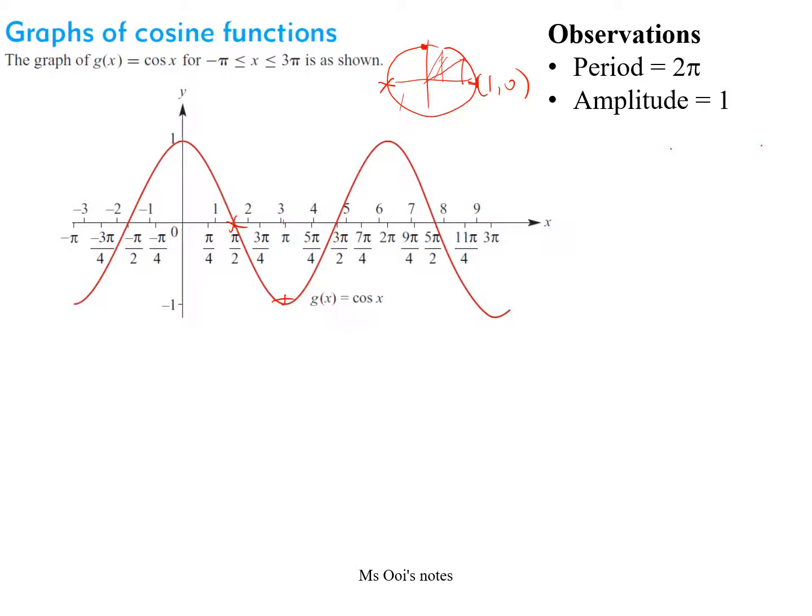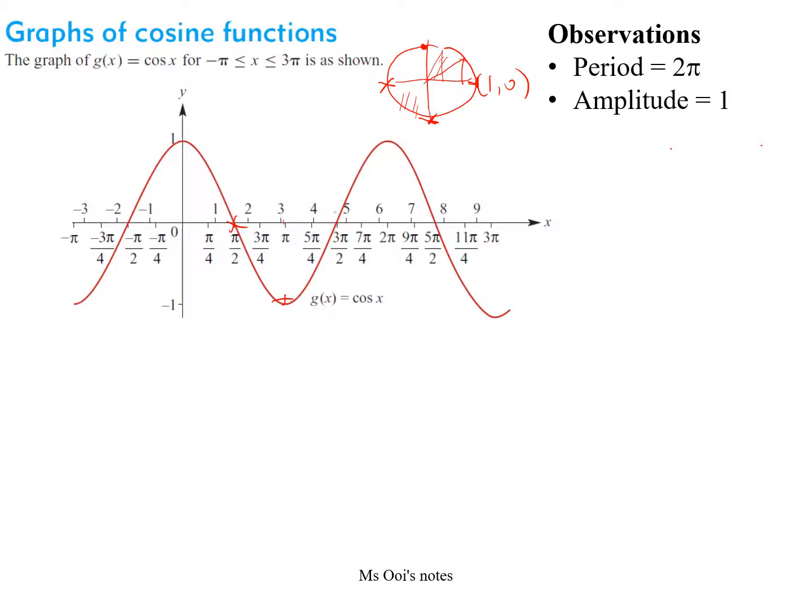Now, in the third quadrant, the x coordinate of the unit circle, which is cos x, is negative. So you can see here the graph is below the x-axis. And up to that point, at 3 pi over 2, the x value is actually 0.